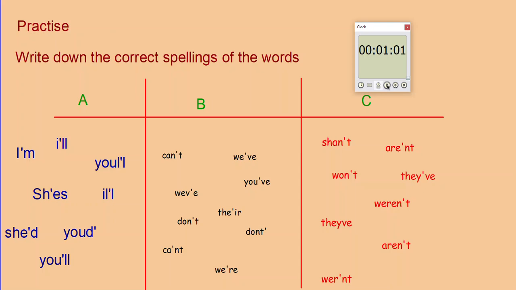Okay, guys, that's 1 minute gone. If you have completed your group, why don't you have a look at some of the words in the other groups to see if you can do some of theirs as well, but keep them separate from your own. Don't forget, always write your spelling words in a sentence. So if you've got the correct ones, you can always write them in a sentence as well.